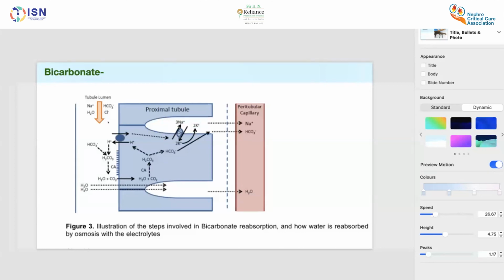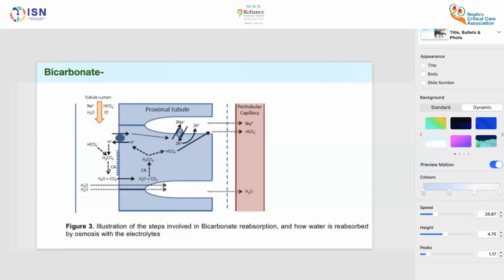This hydrogen is combined with the bicarbonate ion in the tubular lumen, which forms carbonic acid, and this carbonic acid is divided back into water and CO2 by carbonic anhydrase enzyme, which is present in the brush border of the proximal tubular cell.